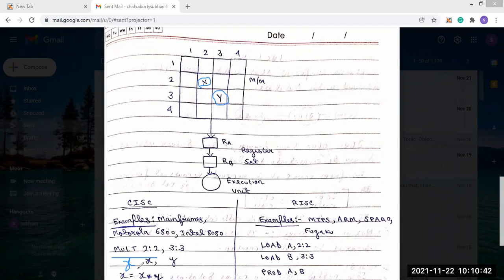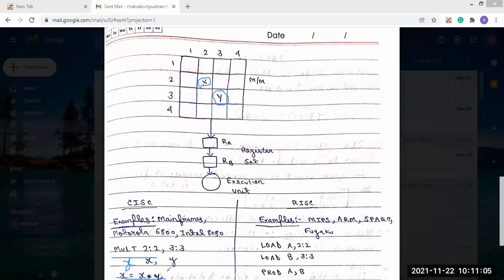X is specified in the 2:2 memory location, so the final product will again be stored in 2:2. This is how our complex instruction set computer works; the instructions are executed like this.